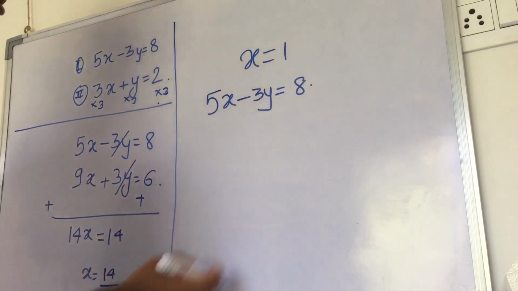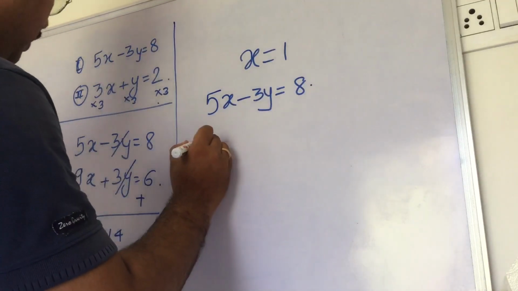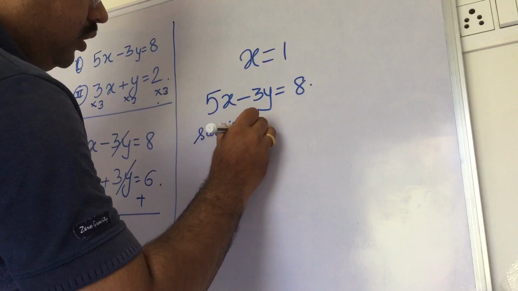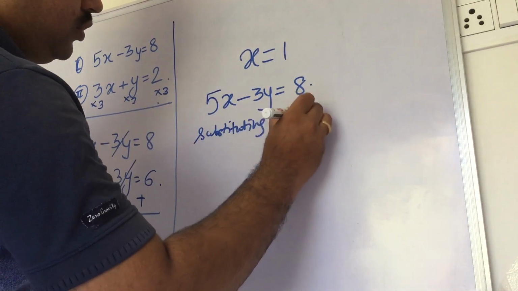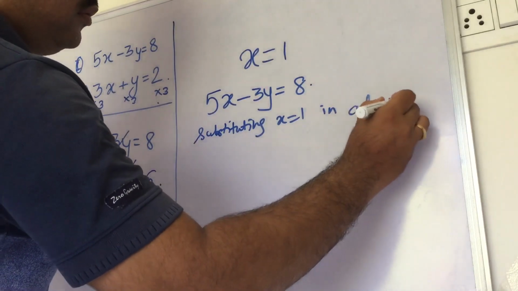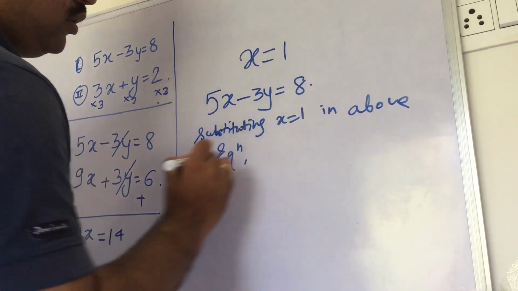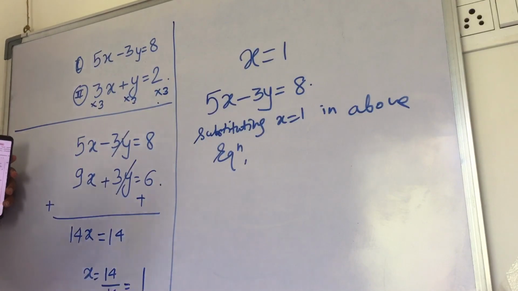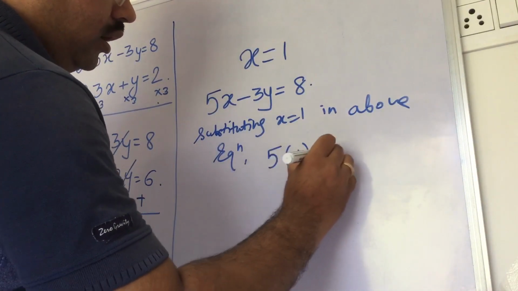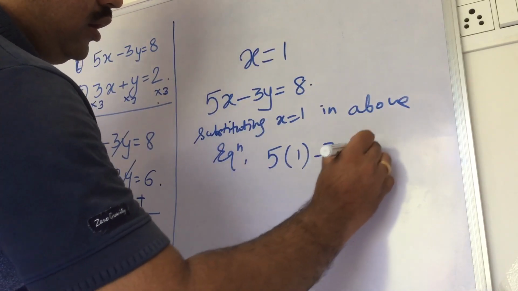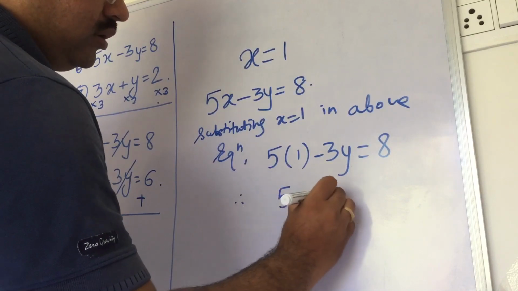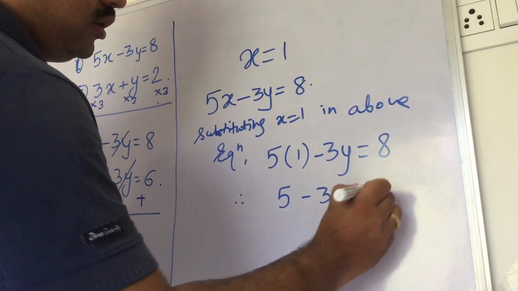You are substituting the value, you can write here also, substituting x equals 1 in the above equation. So it will become 5 into 1 minus 3y equals 8, that is 5 minus 3y equals 8.